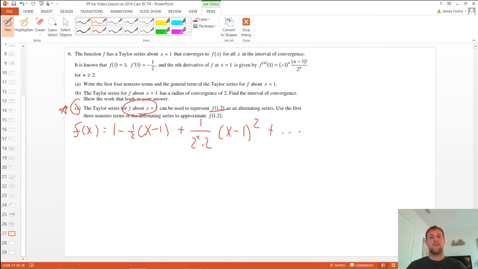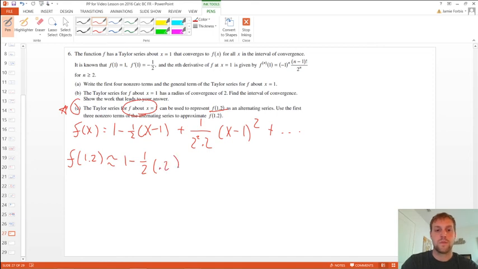Those are the first 3. So if I want to use the first 3 terms to approximate f of 1.2, you just plug 1.2 into that. So f of 1.2 is approximately 1 minus 1/2 times 0.2, since 1.2 minus 1 is 0.2, plus 1 over 2 squared times 2, which is 8, times 0.2 squared. And that's the answer to C.